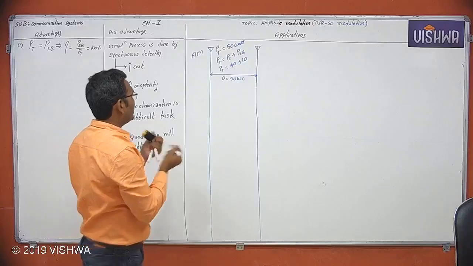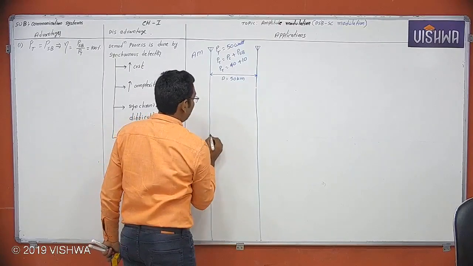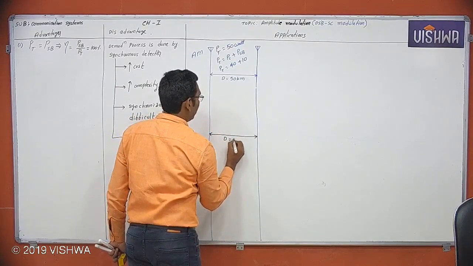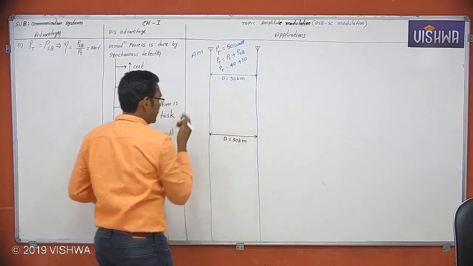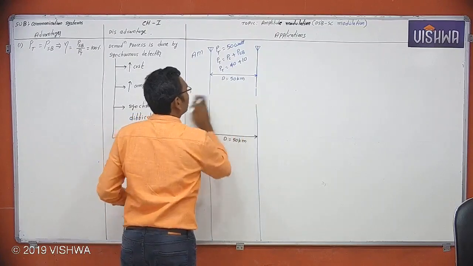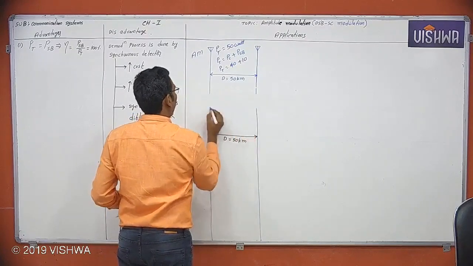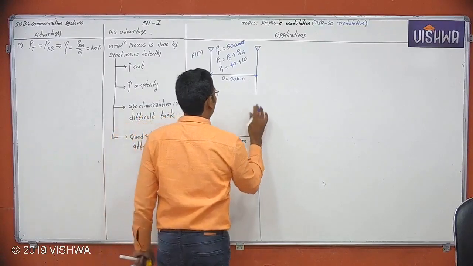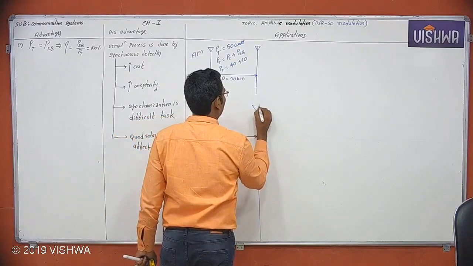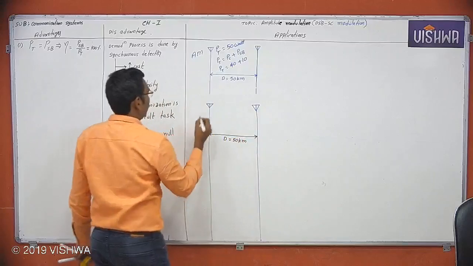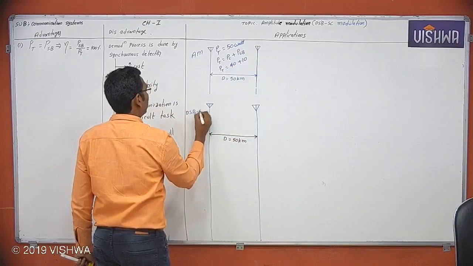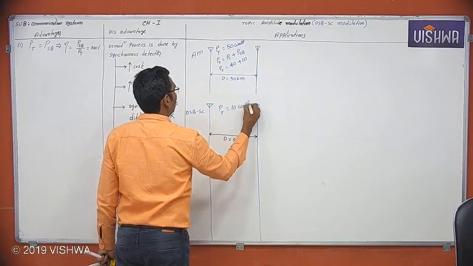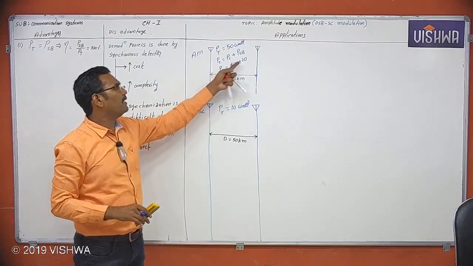But if you cover the same distance of 50 kilometers, we just require a power of 10 watts, because whatever the total power will be nothing but the sideband power.